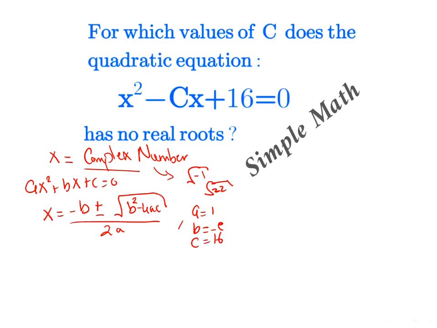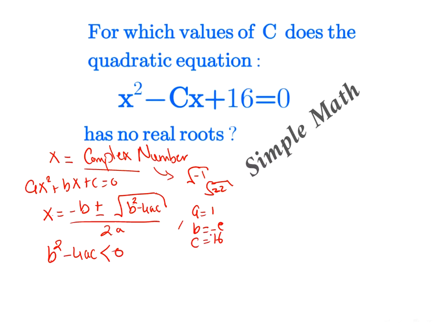So for this x to be not real, or a complex number, the term under the root must be negative. For b squared minus 4ac to be negative, it must be less than 0.